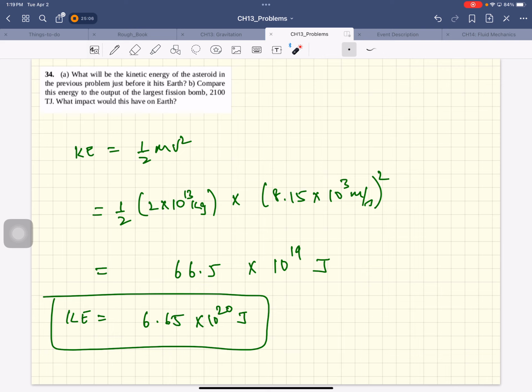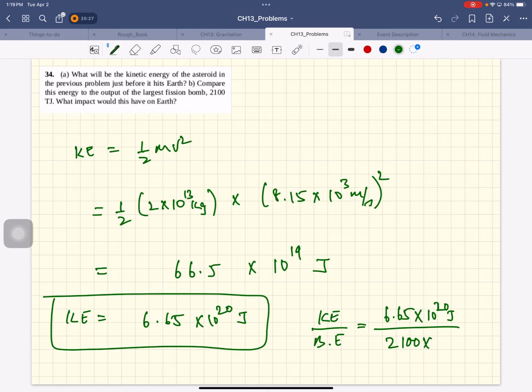So kinetic energy divided by bomb energy. And a terajoule is 10 to the 15 joules.